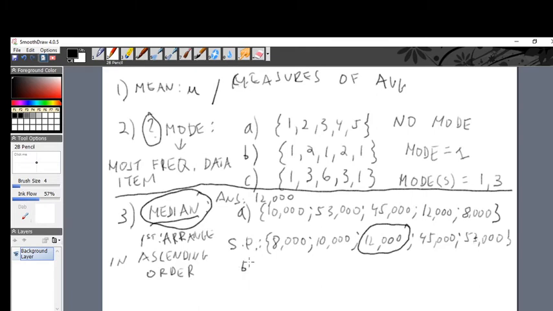Case B. All right. Now, case B. What if you have the exact same list as above, almost, or something similar? You have 10,000. You have, let's say, 20,000.